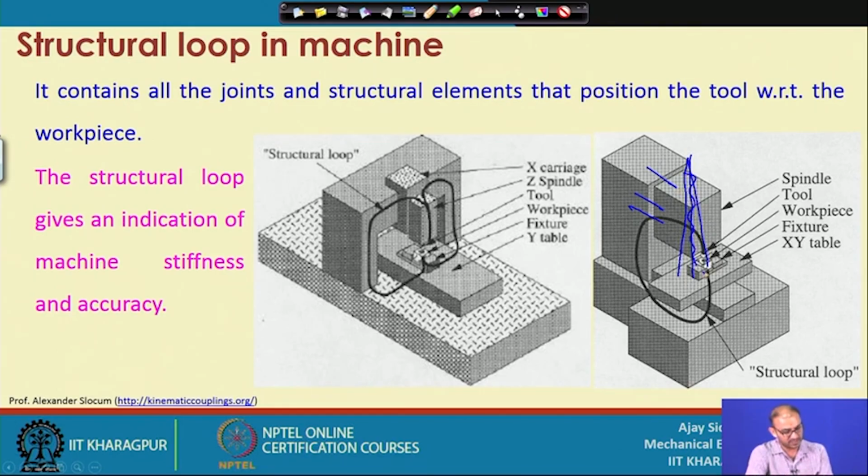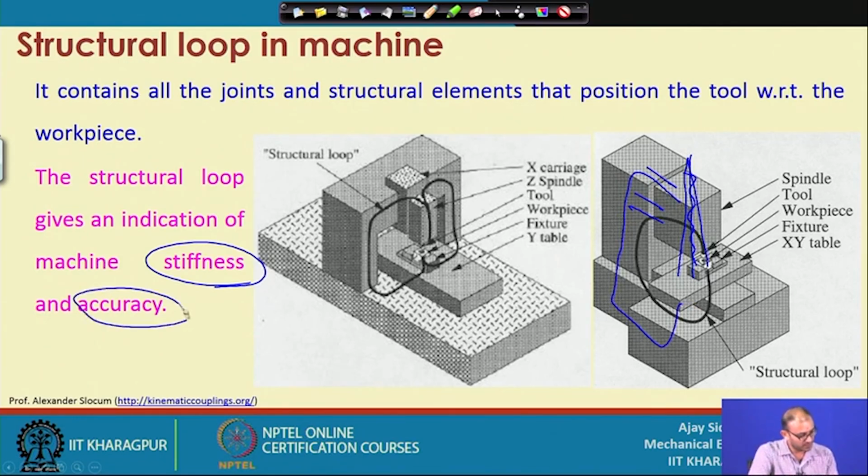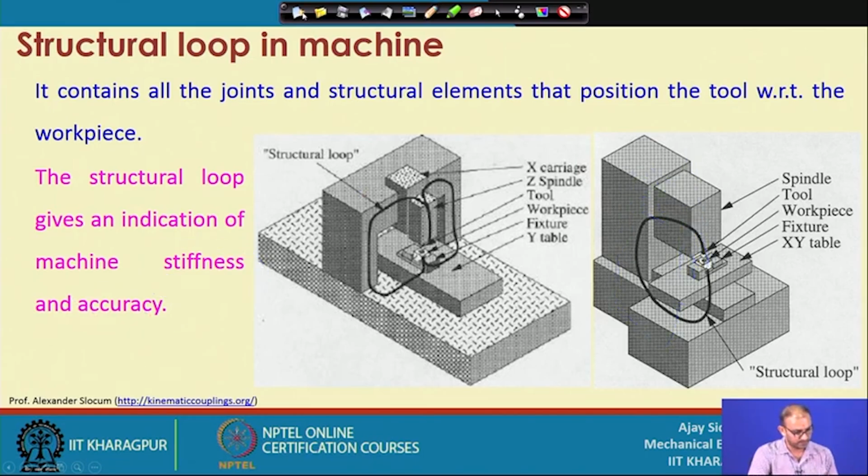We will see what the geometric errors are, but in this case your stiffness is reduced, because whenever you are working with a loose connection and you are applying a lot of force, this loose connection will propagate the vibration throughout the system, and obviously you are not able to get any machining operation with high accuracy. That is the problem with this type of structure.